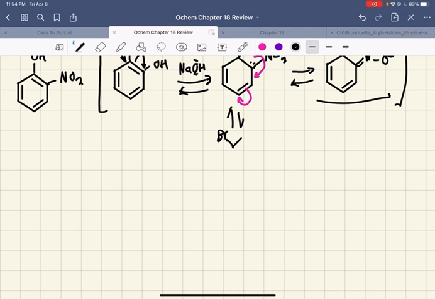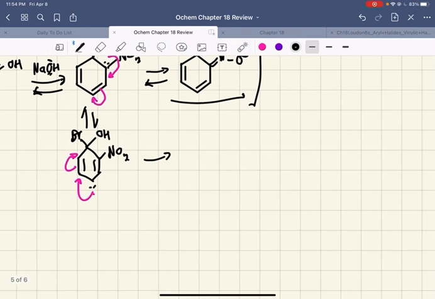Here we have the bromine, the OH. Lone pairs are below. Here's the nitro group. Now these lone pairs will move here. Now this will be the last step.